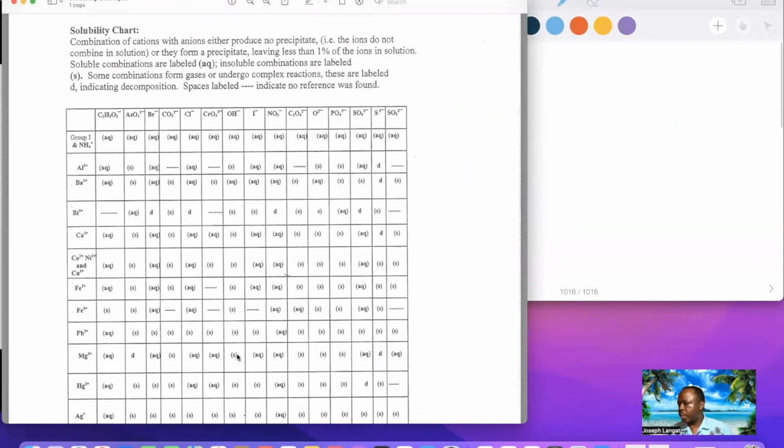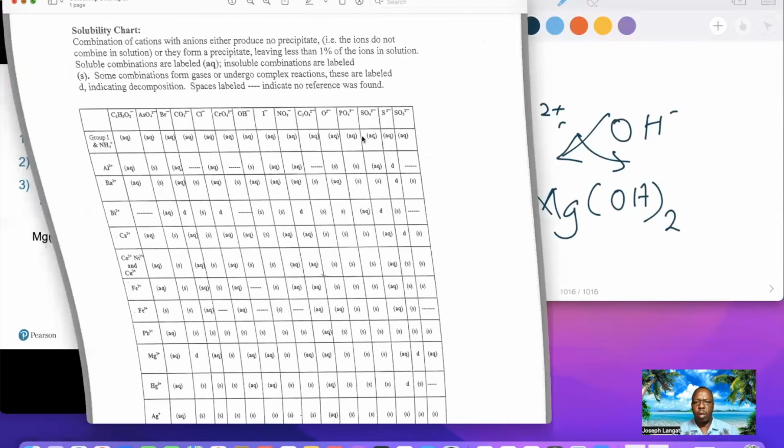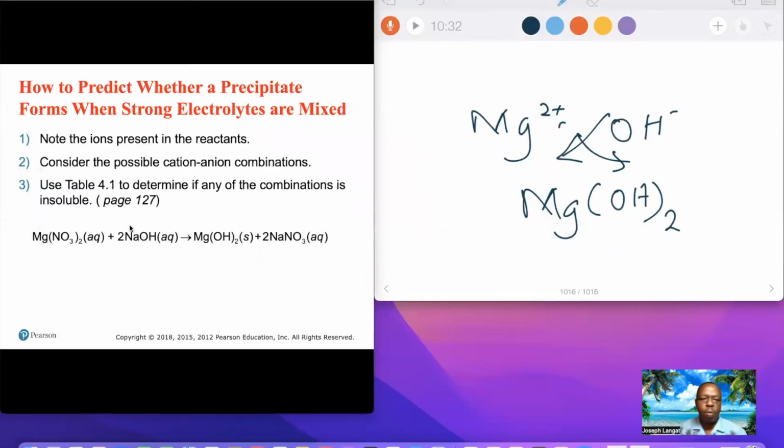Remember, magnesium is group 2 and hydroxide is negative. This will give you Mg(OH)2. This is the correct formula, magnesium hydroxide.